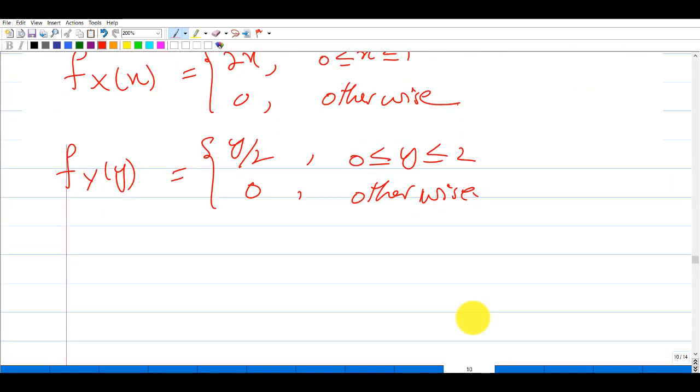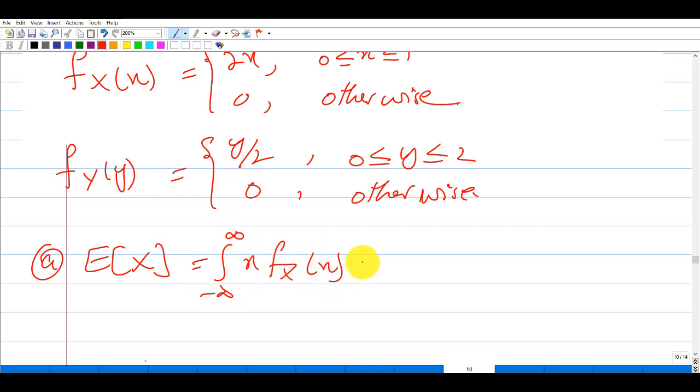Now we can move to the first part, which is the expected value of x, which is the integral from minus infinity to infinity of x f x of x dx. So it is the integral from 0 to 1 of 2x square dx, which comes out to be 2 by 3.